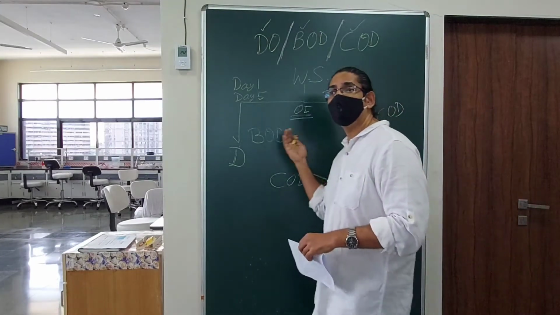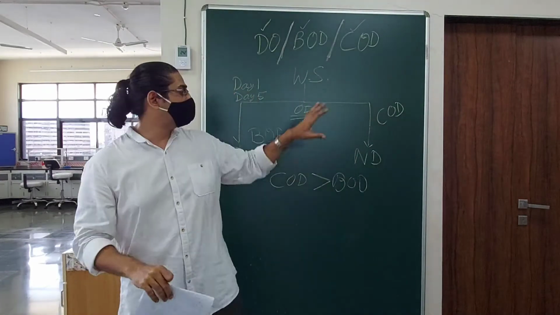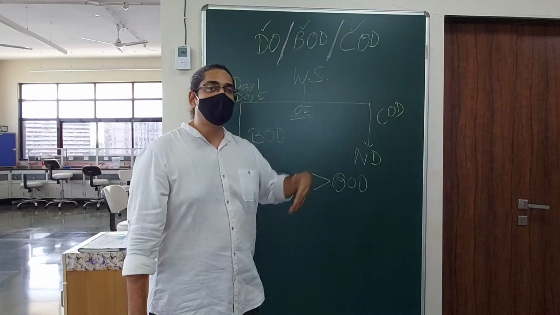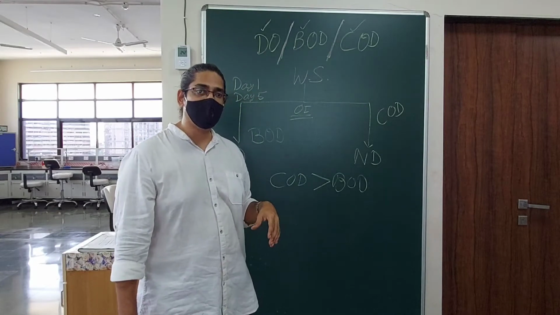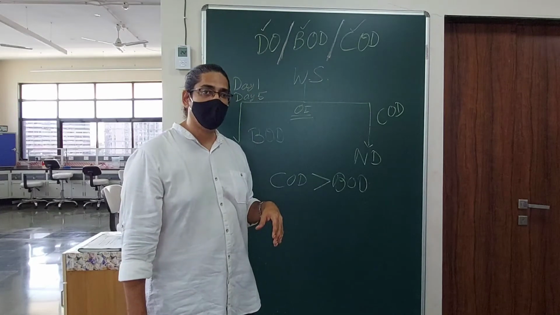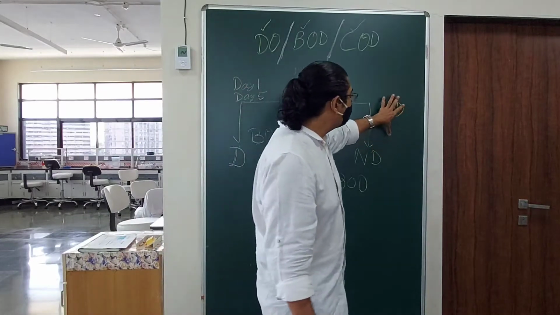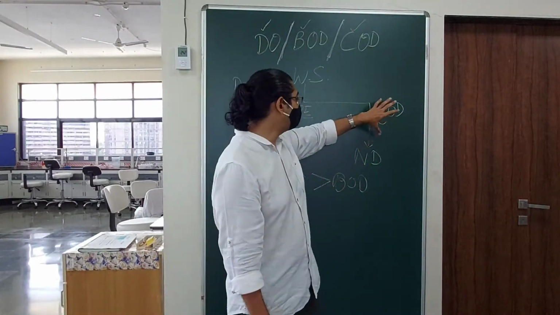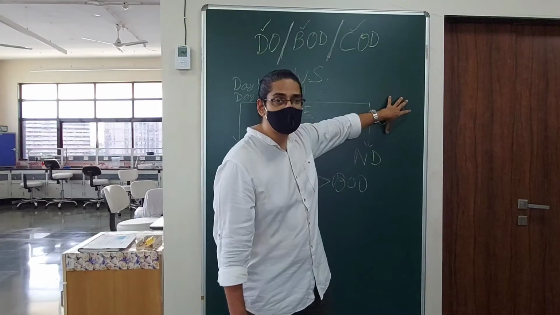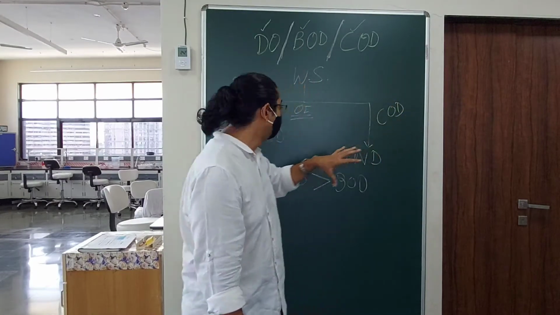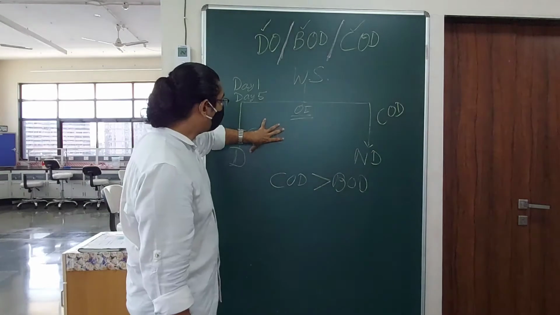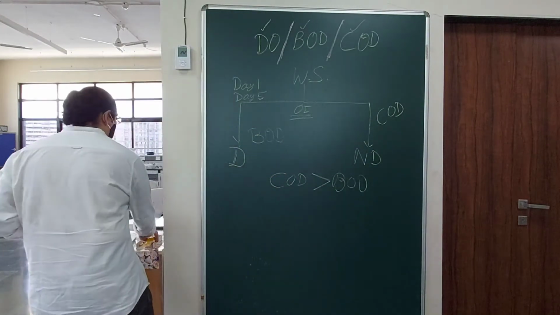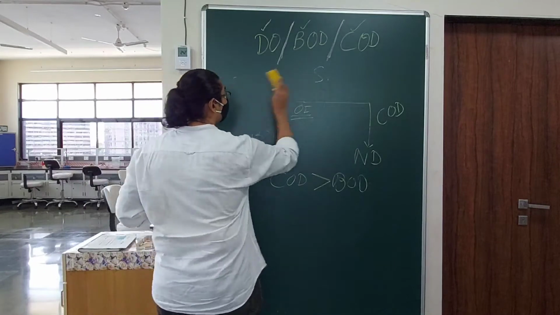And here you use potassium dichromate to oxidize all the organic material present in the water sample. We will talk in detail when we perform the experiments, like how we do the COD. Okay, now let's talk more about BOD first. For that, let me make some space here.